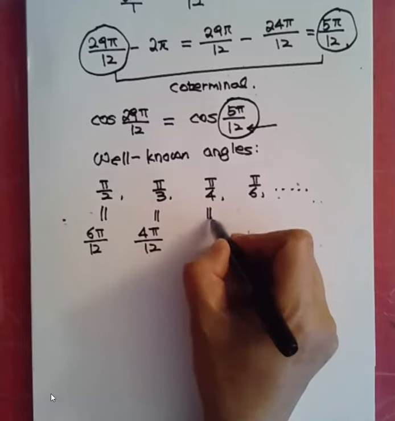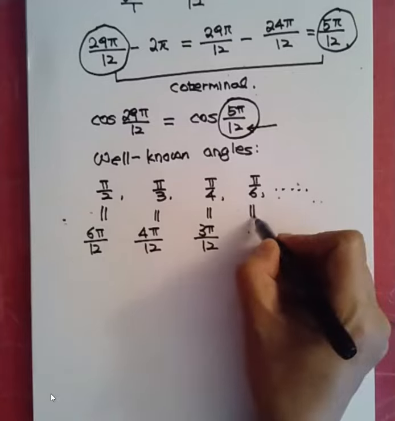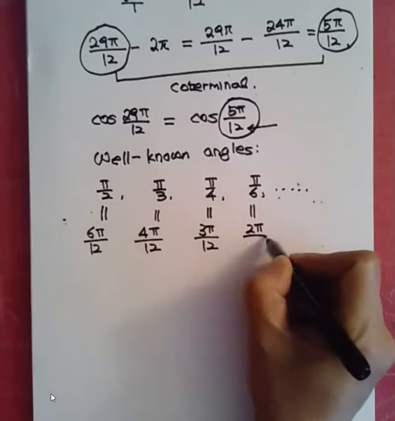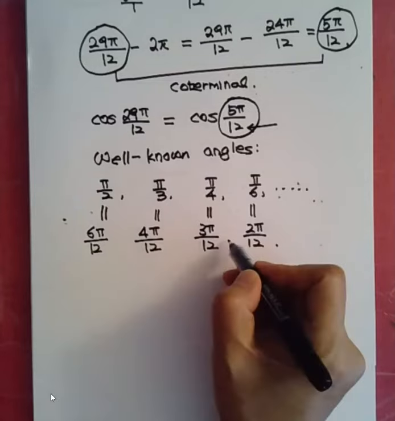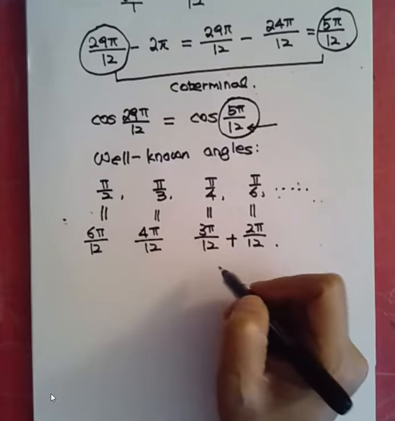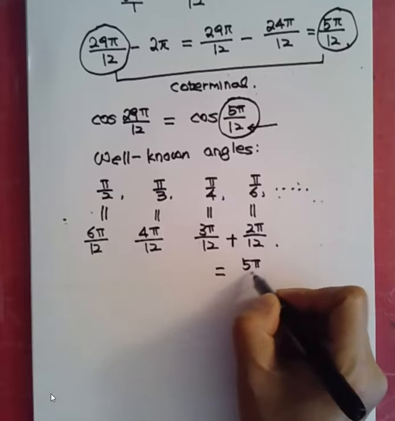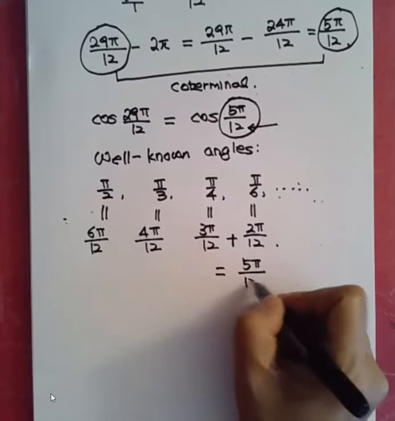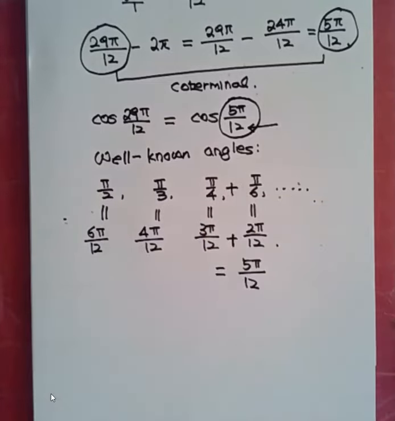And pi over 4 can be written as 3 pi over 12. And pi over 6 can be written as 2 pi over 12. So we have to use these two. If we add them up, then we will get 5 pi over 12. So we have to add pi over 4 and pi over 6.